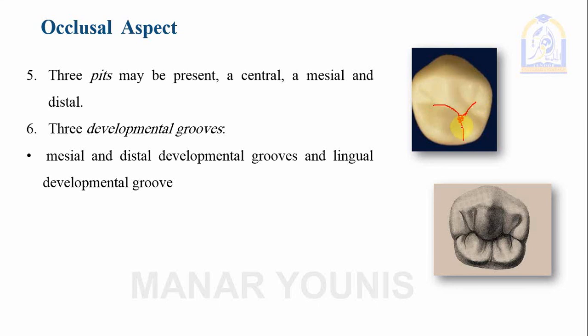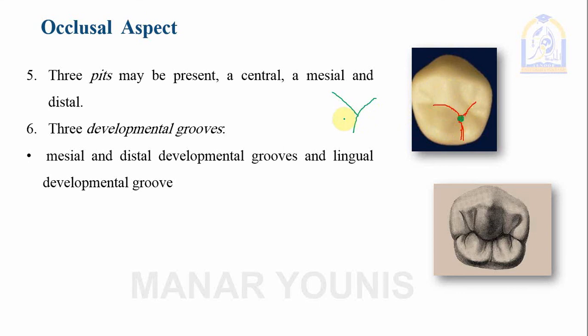The lingual groove will extend between the two lingual cusps and end in the lingual surface. So the junction of these three grooves will form the central pit. The central pit and these grooves provide what's called a Y-shaped pattern on the occlusal aspect.